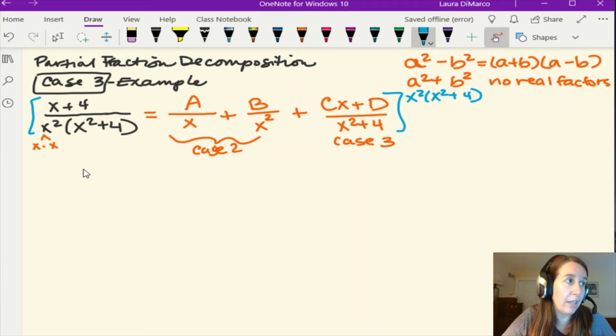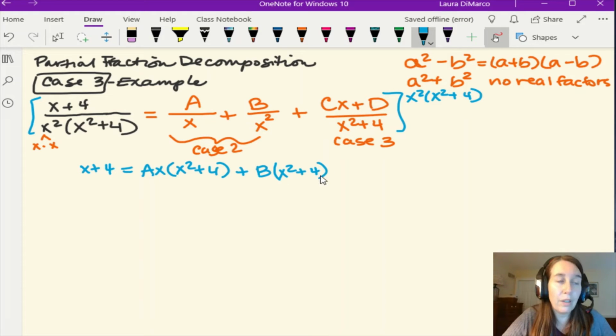Okay, so our left becomes x plus 4, and our right becomes A x times x squared plus 4, plus B times x squared plus 4, plus, use parentheses here please, Cx plus D times, because all of the numerator has to be multiplied by, in this case, x squared.